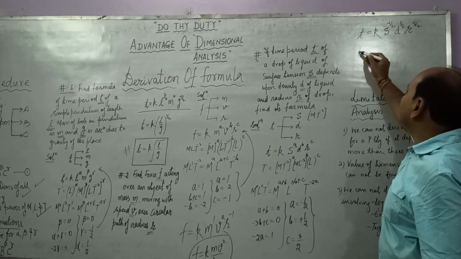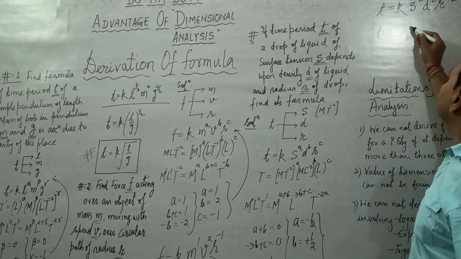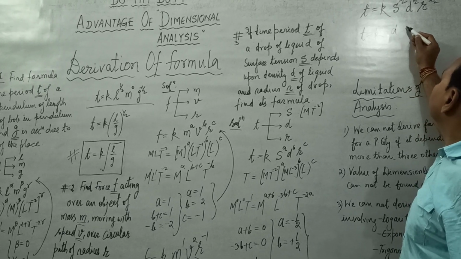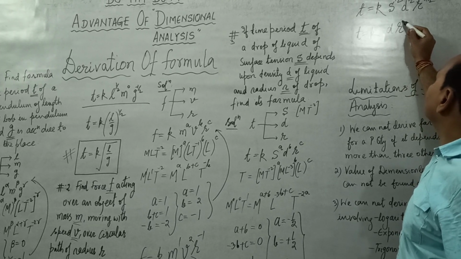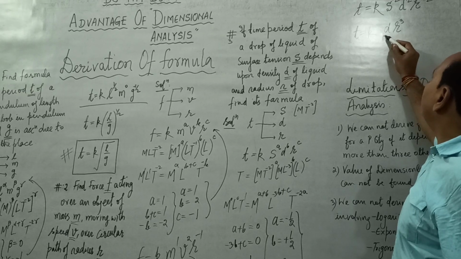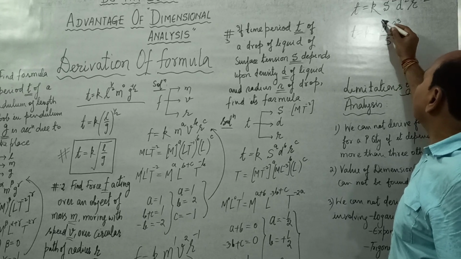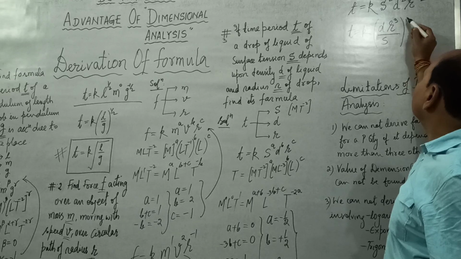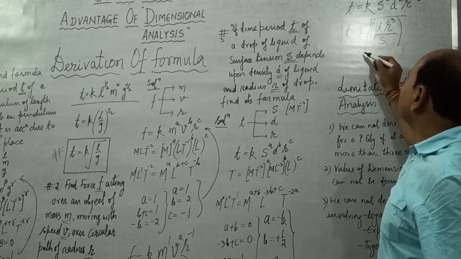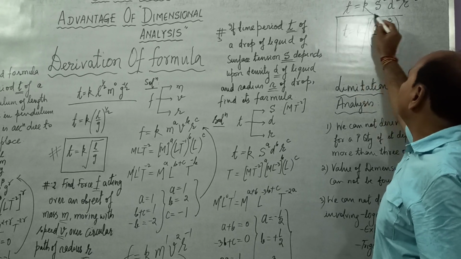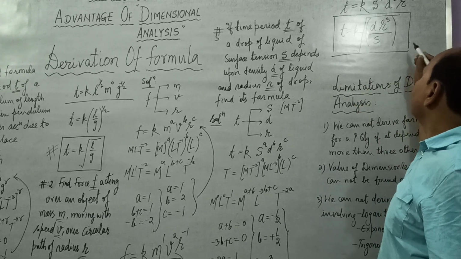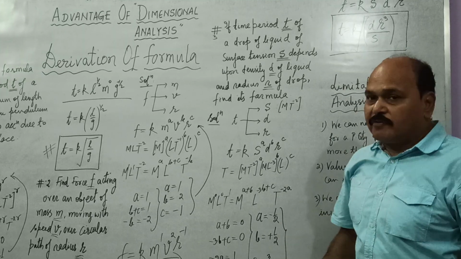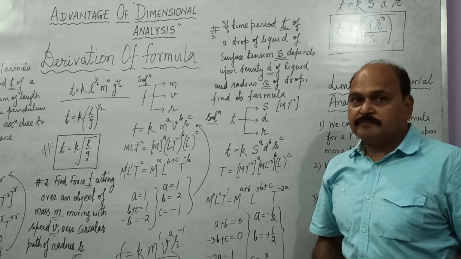We can write down T as K times D to the power half R to the power 3 upon S to the power half. This half is taken as common, or we can put a square root sign like this. And this is the final formula of the time period of oscillation of the drop of the liquid.